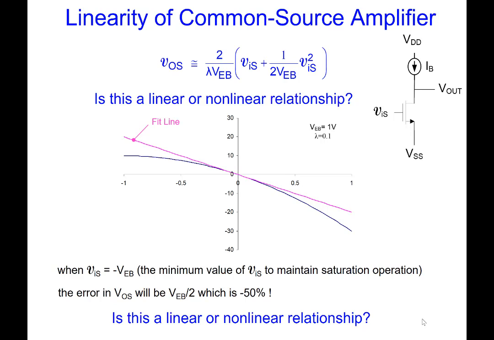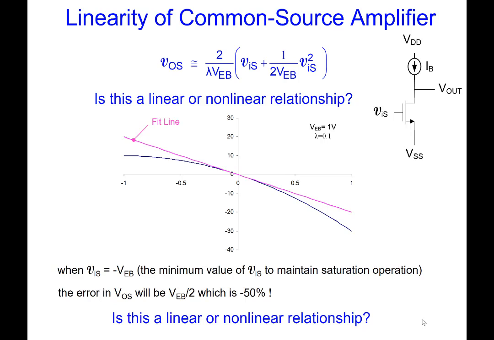So if you want to keep things in saturation, the minimum value of Vin small signal is V excess bias. And if you put in a value of Vin small signal equal to V excess bias, you'll find you have 50% distortion. So the signal that you want to put in needs to be a lot less than V excess bias.